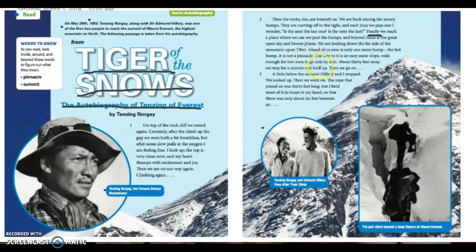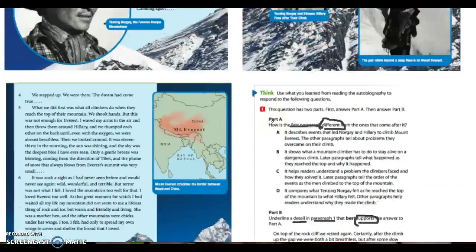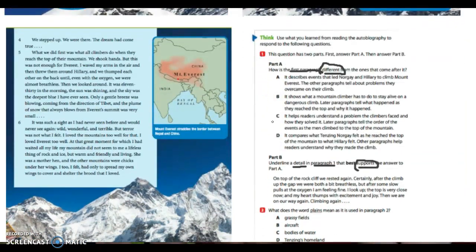There are more clue words here. If we go on to paragraphs 4, 5, and 6, you see the word first. And you also see some other words that indicate time is passing, like 11:30 in the morning. That's telling us about time.